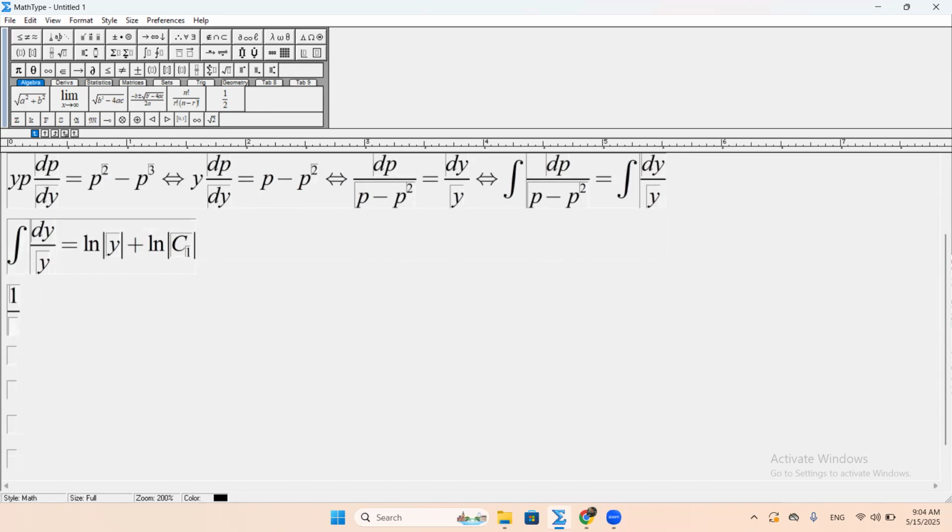So we have the following integral, p minus 1 over p minus p square. So we will expand this fraction by simple fractions. So a over p plus b over 1 minus p.